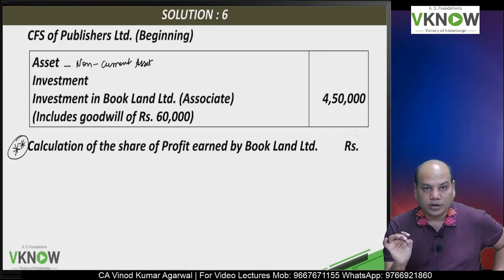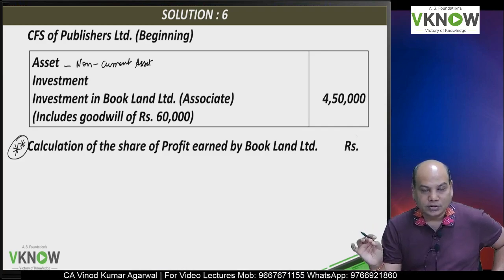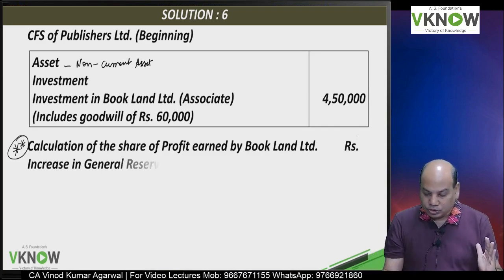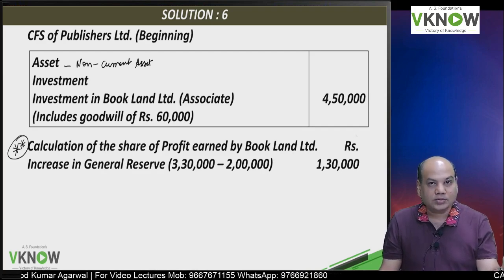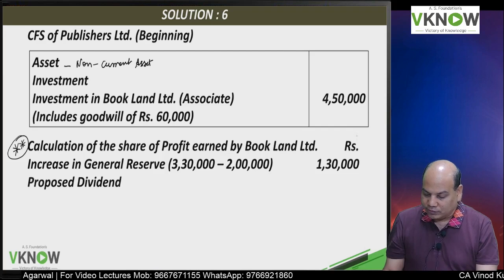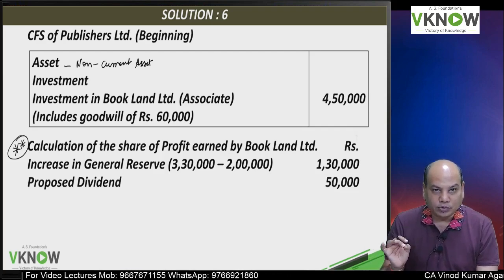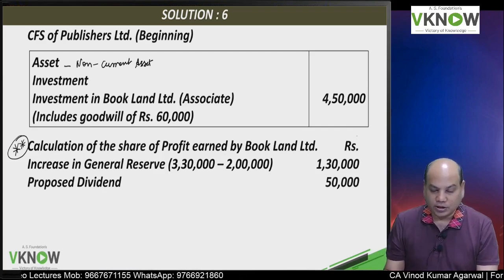How much profit did the associate make in the first year after acquisition? For that we will have to look at the general reserve figure. It was 2 lakh, now it is 2,30,000. So general reserve has increased by 1,30,000, and then we have to look at the proposed dividend, which was 0 and now it is 50,000.